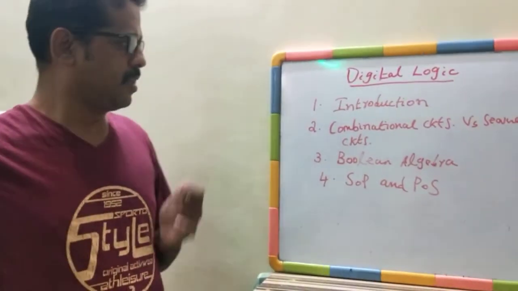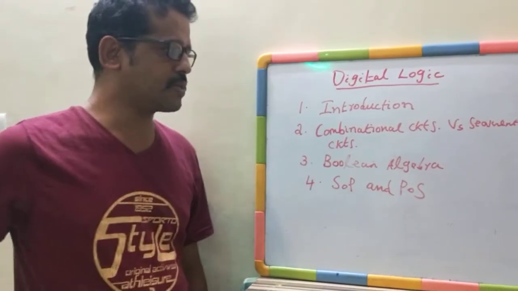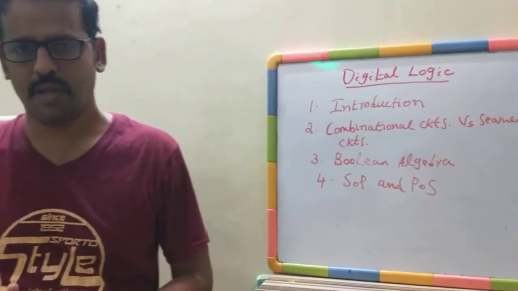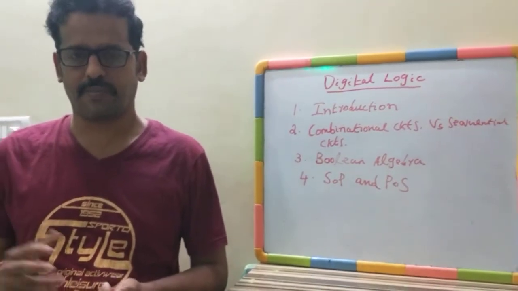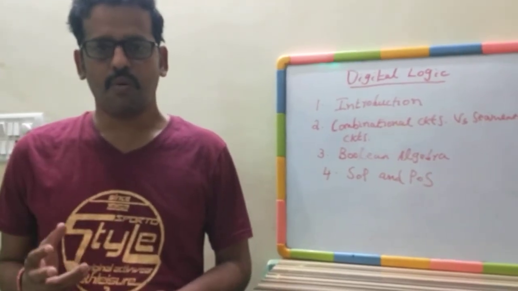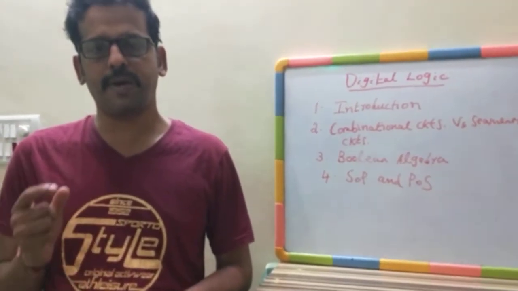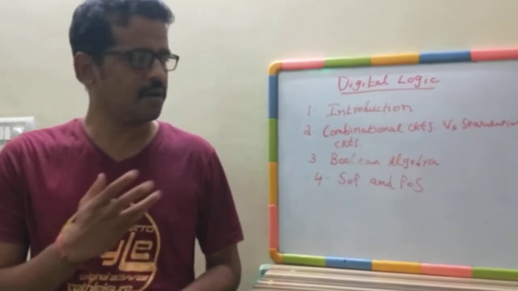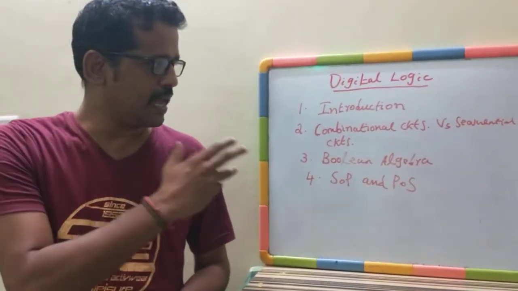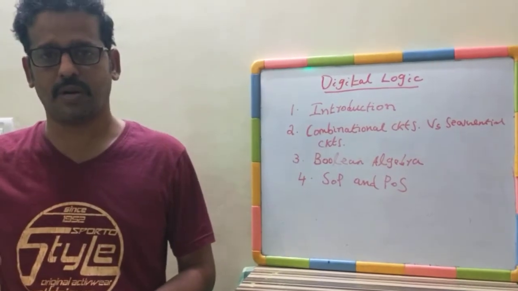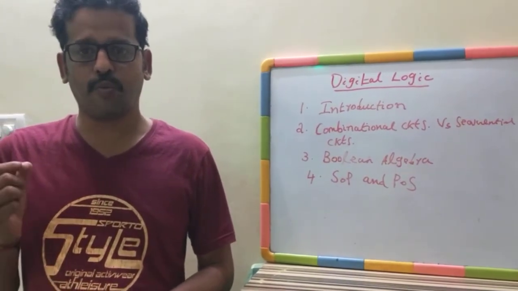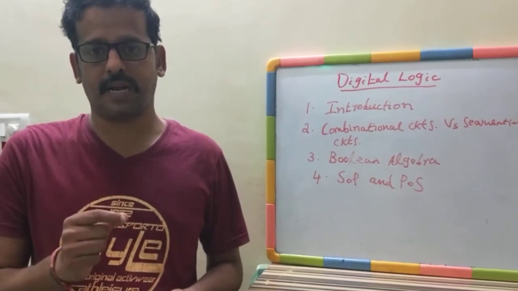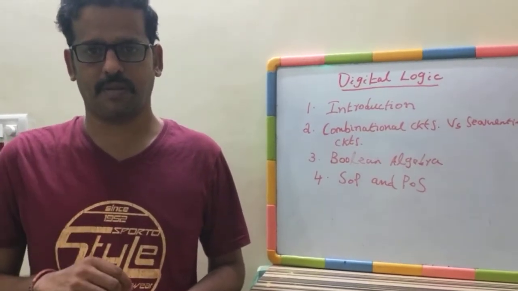Now we are going to discuss combinational circuits versus sequential circuits. What is a combinational circuit? It is a circuit whose output value depends only on the present input. In contrast, a sequential circuit is a circuit whose output value is based on both present and past inputs.